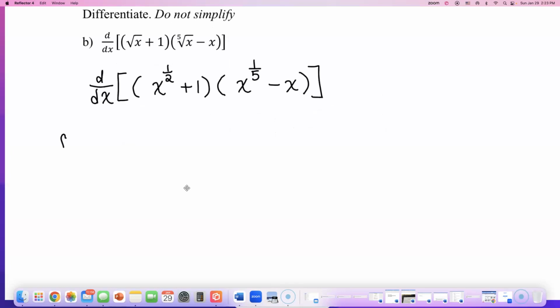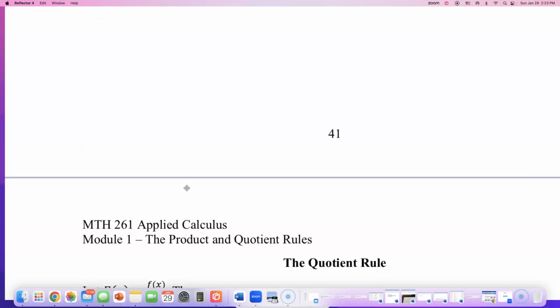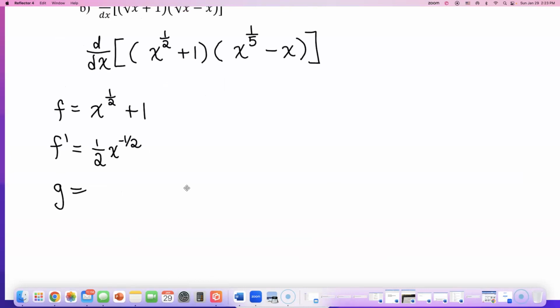So f is x to the 1/2 power plus 1. That's the first piece of the multiplication, right? So if you take the derivative of that, that's going to give you half x to the negative 1/2. g is the second piece of multiplication. It's that right there. So write that down: x to the 1/5 power minus x.